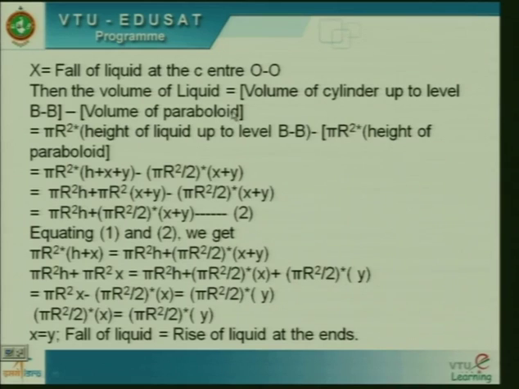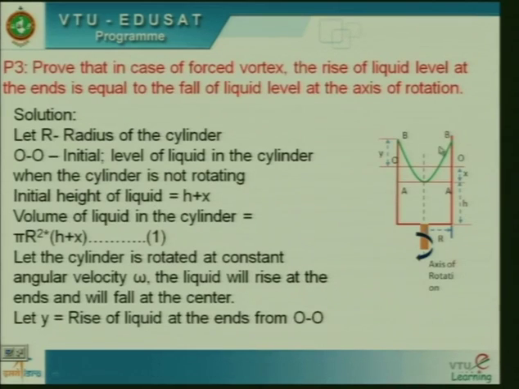Now I will go back to the figure. I said this is the parabola. If I want the volume of fluid present between B, A, B, I am going to find the volume corresponding to the cylinder up to BB, and from that subtract this portion.